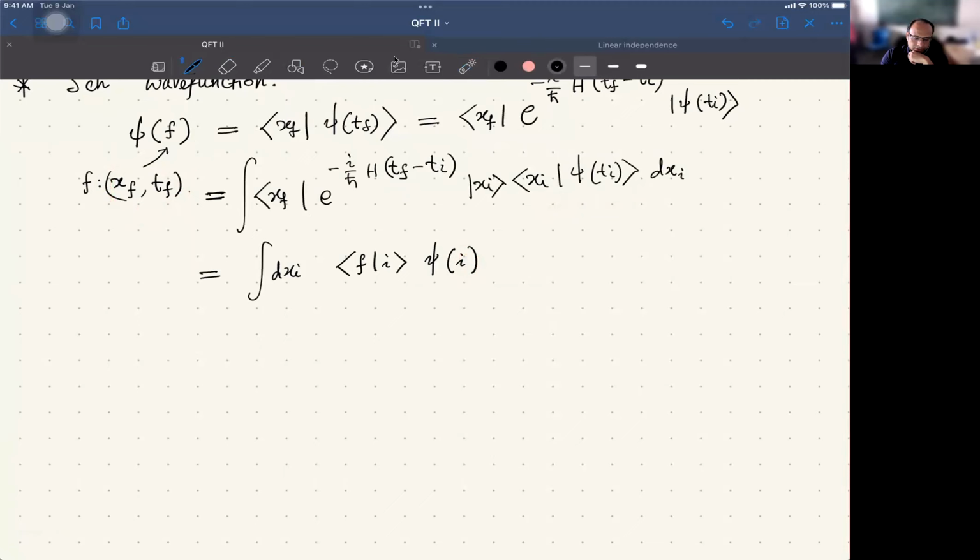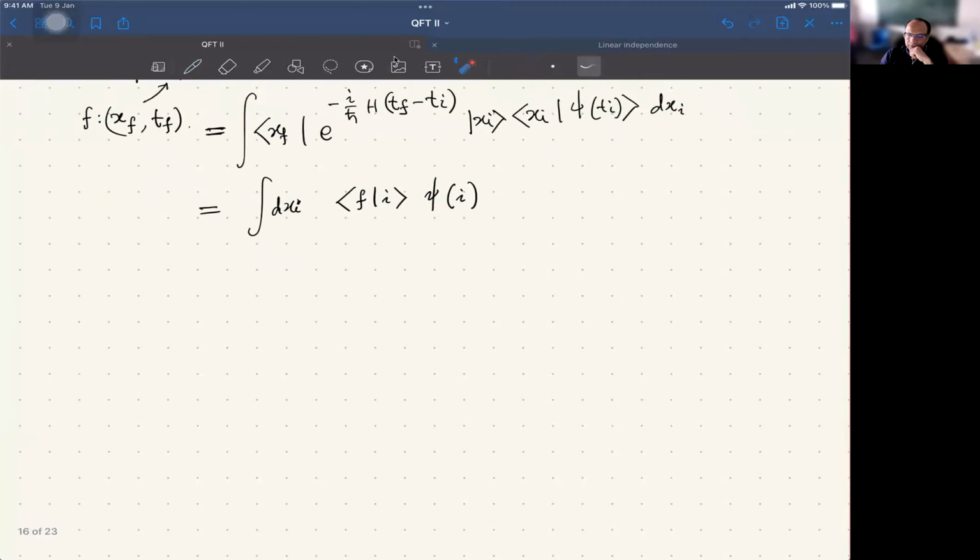So you see that the final wave function can be written as the initial wave function, but then evolved using this propagator, right? So that is why it's called propagator.